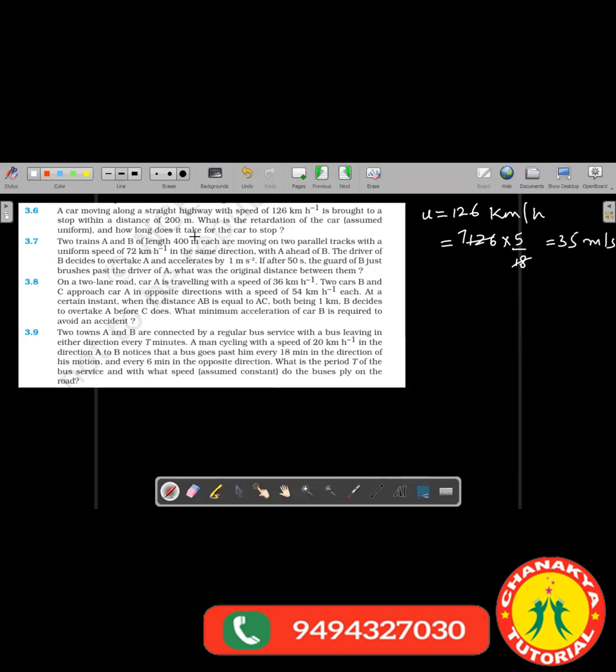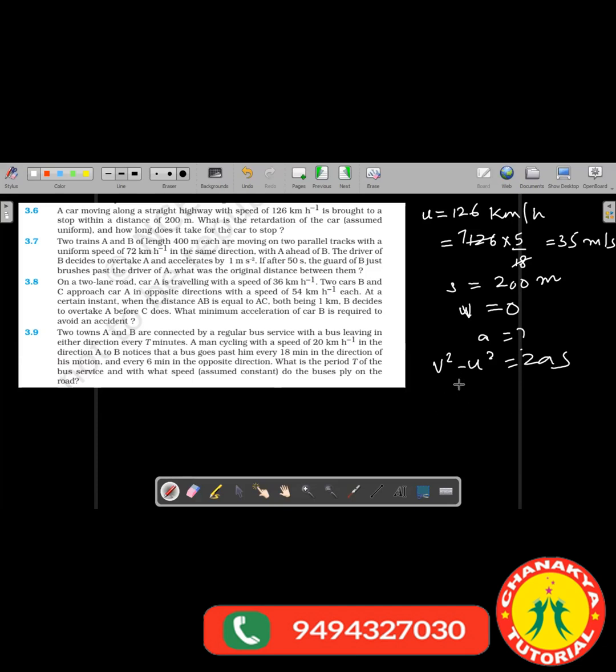Then it is brought to a stop within a distance. It's given distance as 200 meter. It's brought to stop, so its final velocity is 0, and you need to find acceleration. So just use the formula v squared minus u squared equals 2as.